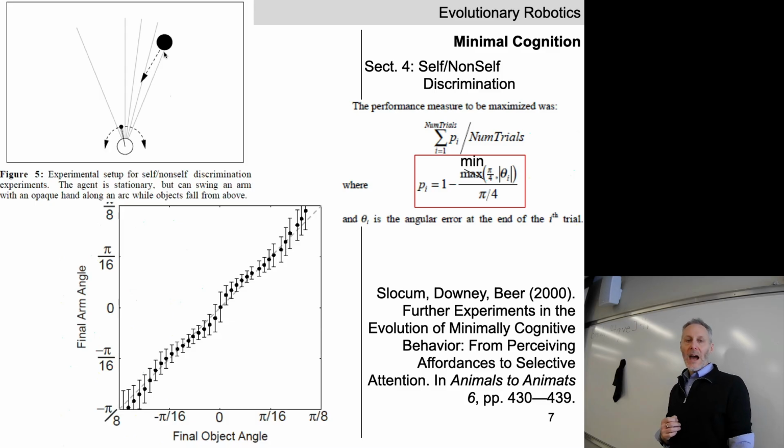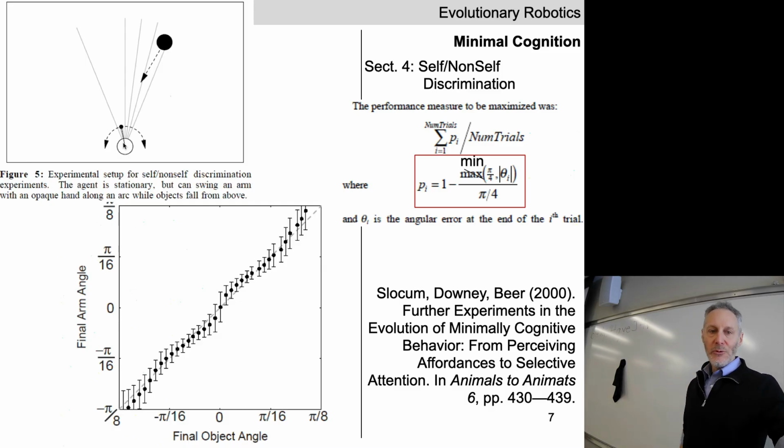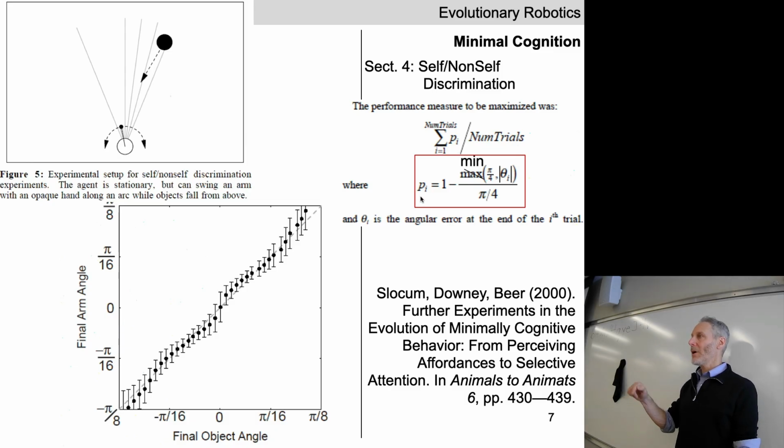Okay, so how are they going to evolve this agent to become capable of self, non-self discrimination? The fitness function, which again also has a typo in it, they're going to drop many different objects and evaluate each CTRNN num trials times. So we're going to talk about P sub i, the performance of this robot. How well does it do at discriminating between self and non-self in the ith trial? It's going to get a lot of points.